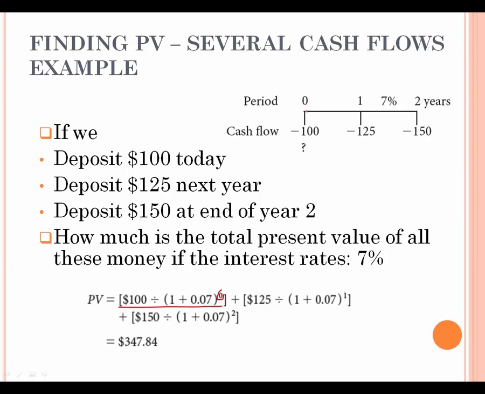So the present value actually would be the amount itself, $100. Now the first year cash flow, which is 125, will be discounted by 7% to the power of 1. And the second year cash flow 150 will be discounted by 7% to the power of 2. So the total present value is 347.84.